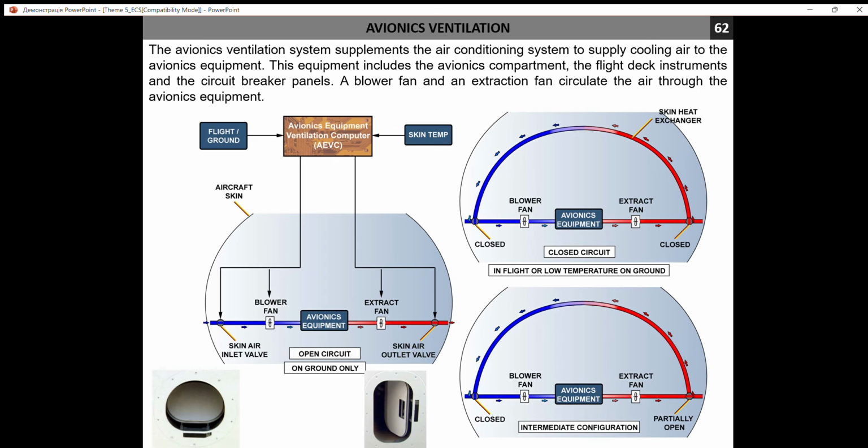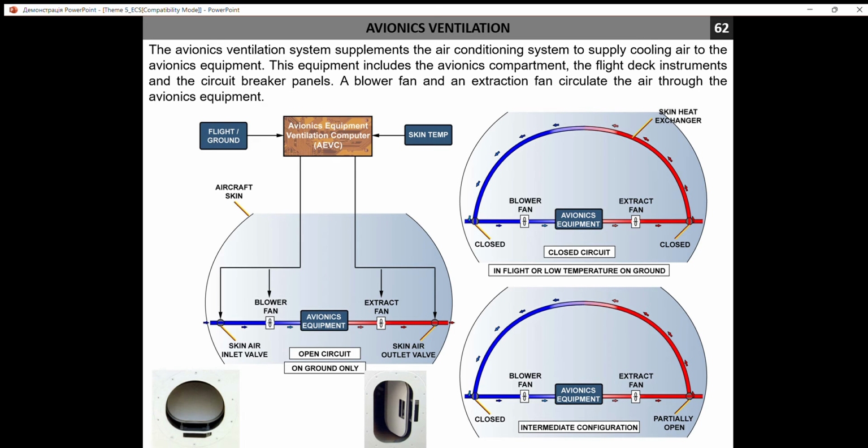And if we talk about some transformers, we need to provide cooling of this compartment, and you may see that for these purposes, supplementally to the main ventilation system, you may use the avionic ventilation system.